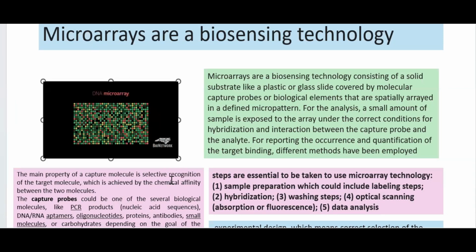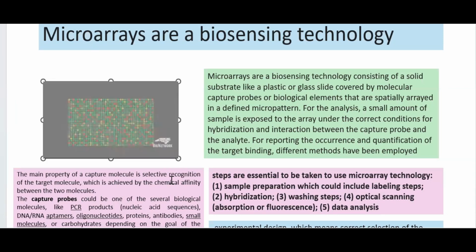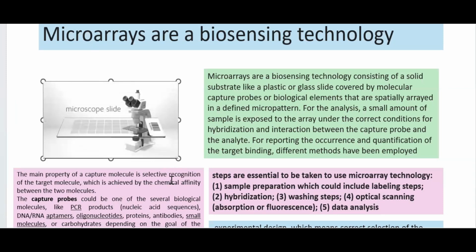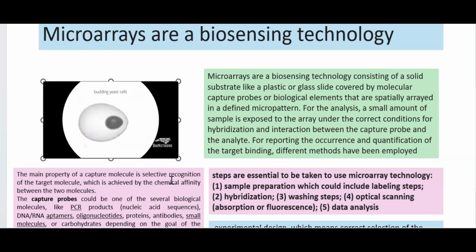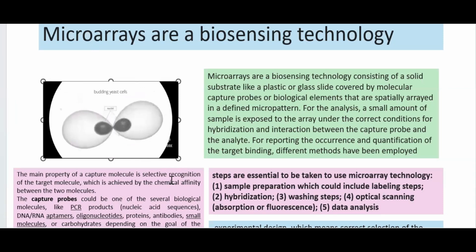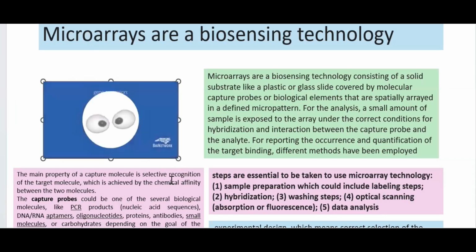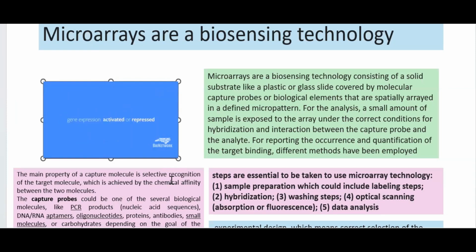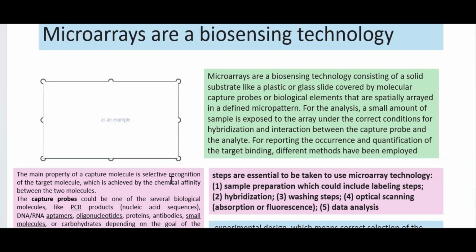This is how different color spots will develop after the reaction. So here we are taking the example of budding yeast cells, right? Gene expression is activated or repressed. These are the two conditions.